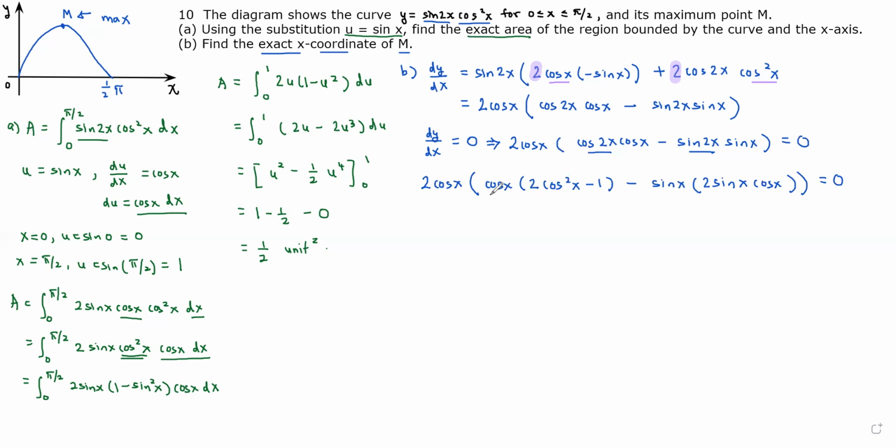Now let's look at this. You have a cos x and you have a cos x. You can factor so that you have 2 cos square x. Then this cos x is gone. Then we have 2 cos square x minus 1 minus 2 sine square x equals 0.